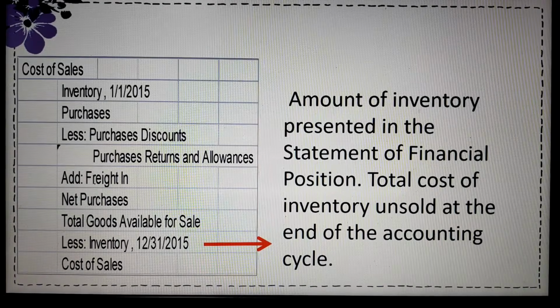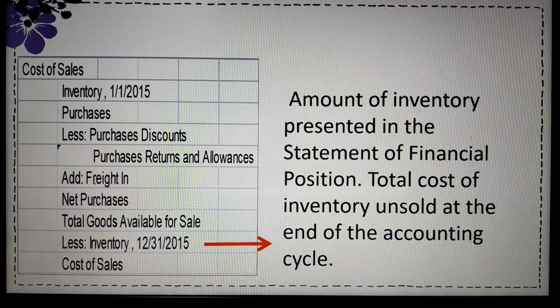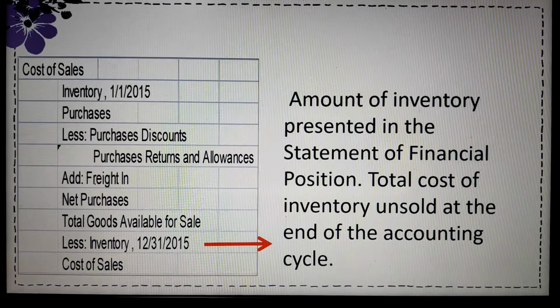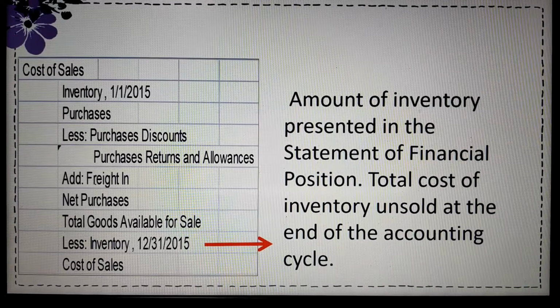Next, inventory for the year end or inventory for December 31, 2015. So as you notice, ang inventory for the beginning is January. Ang inventory for the year end is ang December. It means the company operates with the calendar year end.